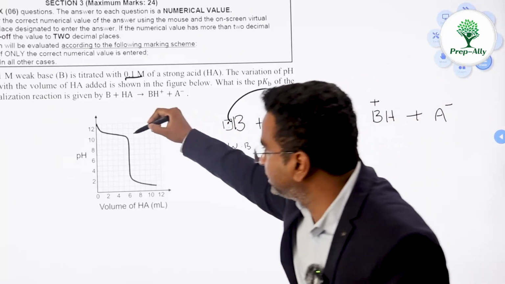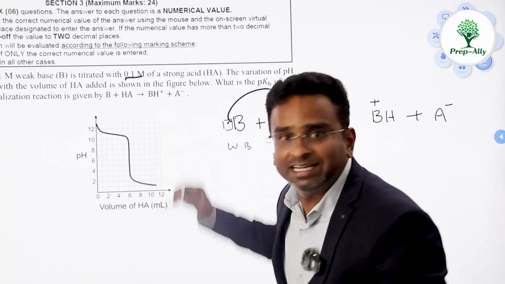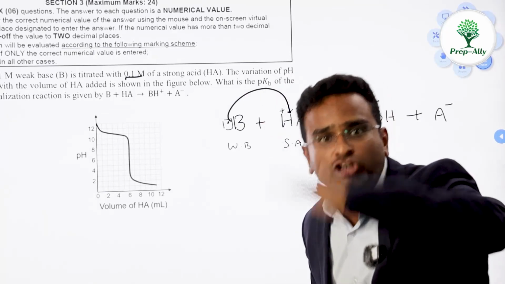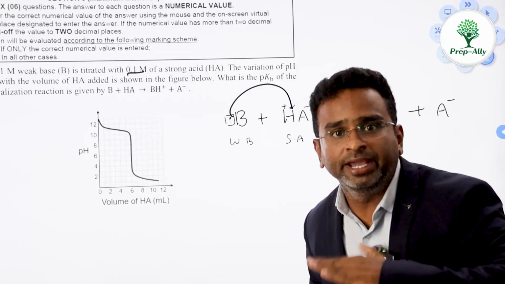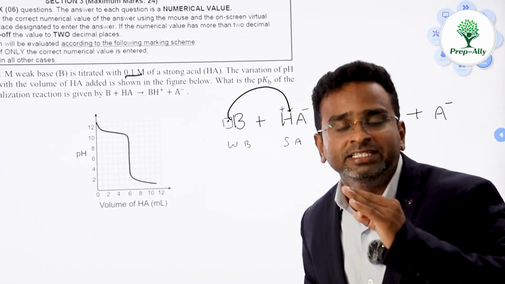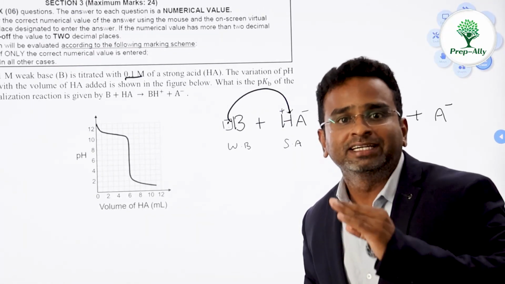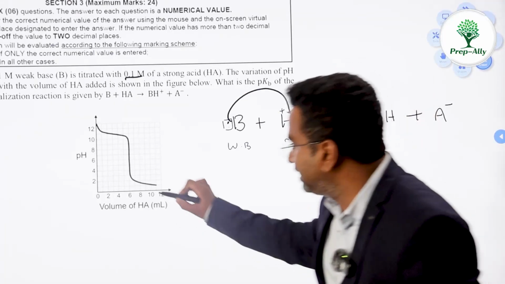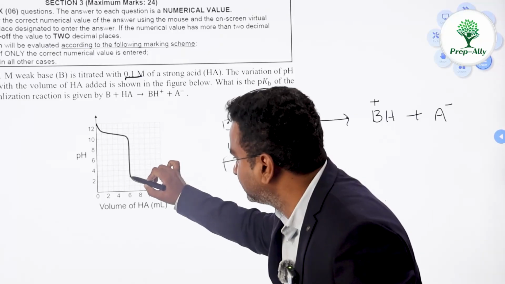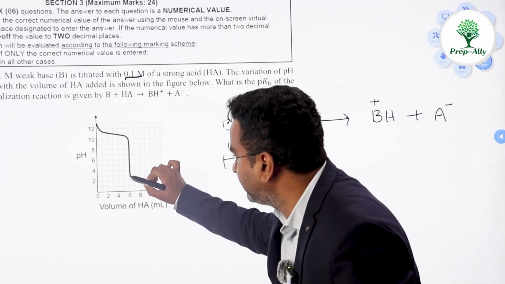Now, after reaching a certain point, suddenly the pH falls sharply. There is a sharp fall in pH, which indicates that the equivalence point, the neutralization point, is reached.